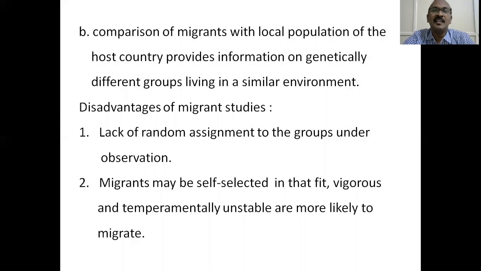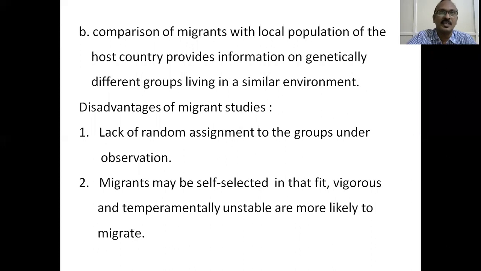Likewise, it has been seen that the third generation descendants of Japanese who are staying in America have more incidence of colon cancer and less incidence of stomach cancer compared to the original Japanese in Japan, where stomach cancer is more and colon cancer is less.